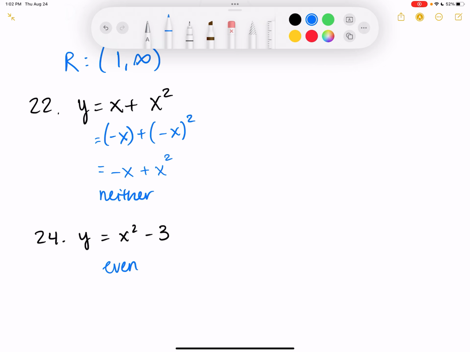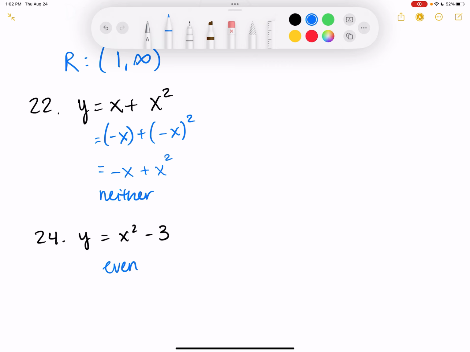Right. So pretty much if there's only one variable being raised to an even power, it's going to be even. If there's only one thing raised to an odd power, it's going to be odd. So if this was x cubed minus 3, it would end up being odd because of that.